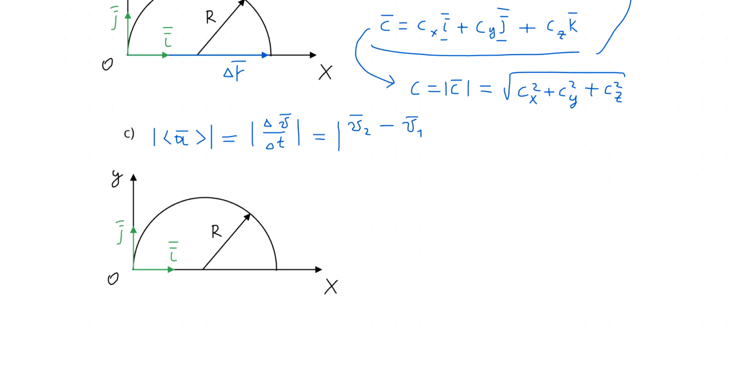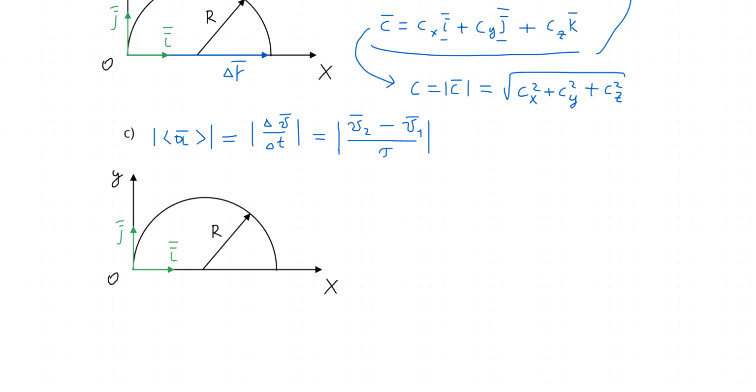Final minus initial, and here we have tau. Our next step is to show these vectors v2 and v1 on our picture.